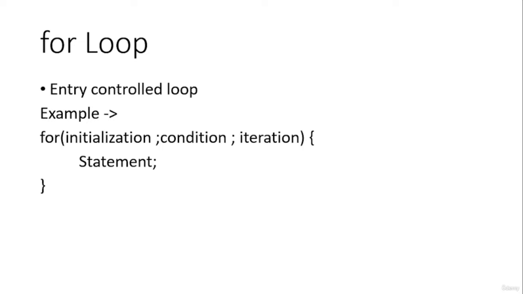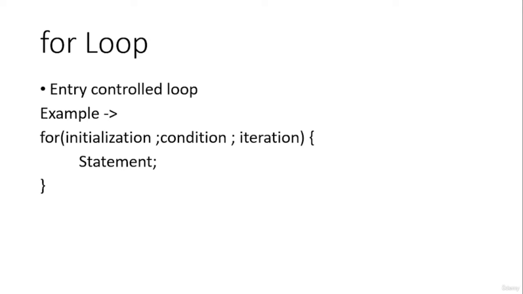For example, a condition is like i less than length. When the iteration over that array list or array reaches the limit, then we want to terminate it, so we have to provide that condition in the condition section.